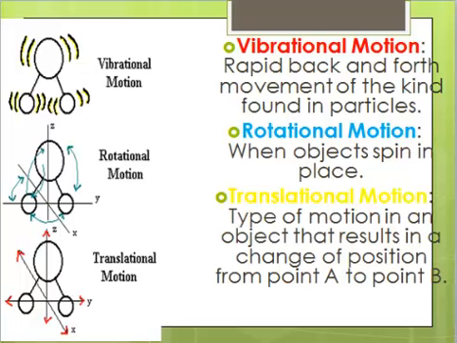An example of translational motion would be, for example, a leaf blowing in the breeze. If that leaf rolled down the road or across a lawn or across a field, it is moving from its starting point to another spot. So that would be a translational motion.